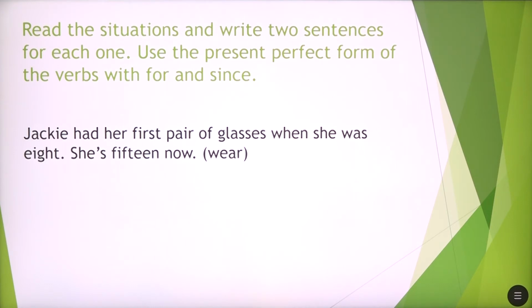In the brackets, we have the word wear. How would you create sentences in the present perfect with expressions since and for? She's worn glasses for 7 years. She's worn glasses since she was 8.